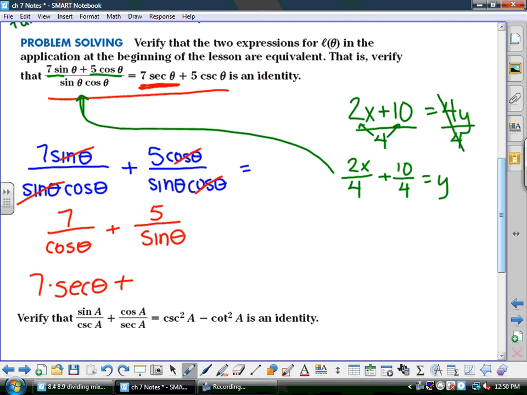And the same thing in the second part. Dividing by sine is the same as multiplying by the reciprocal. Dividing by something is the same as multiplying by its reciprocal. So it's the same as multiplying by the cosecant. And then we've worked only on one side of the problem, and we ended up with the other side. So it's verified.